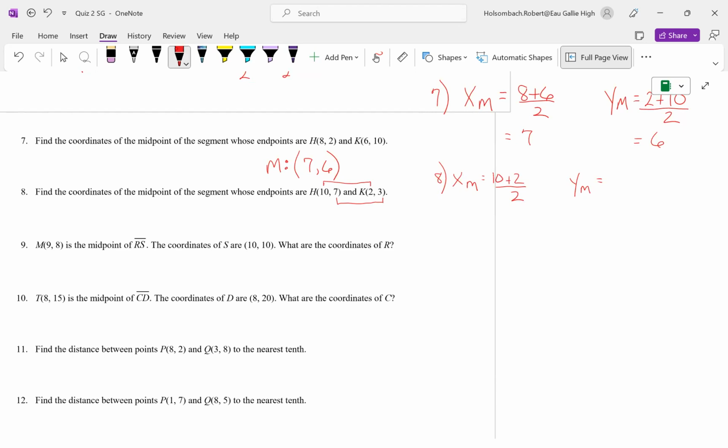And our Y at the midpoint is going to be 7 plus 3 divided by 2. So our X at the midpoint is 12 divided by 2, which is 6. Our Y at the midpoint is equal to 10 divided by 2, which is equal to 5. So our midpoint is located at 6, 5.